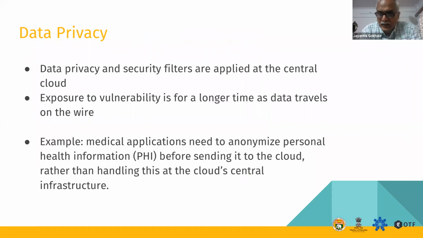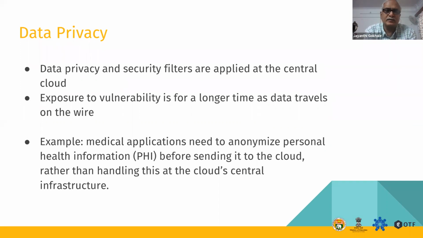All right. The second issue is about data privacy. Data privacy can be addressed by putting up your security filters, and normally the security filters are implemented at the central cloud infrastructure, right? So that the information that is kept at the central infrastructure is safeguarded. This is a small example of a requirement.